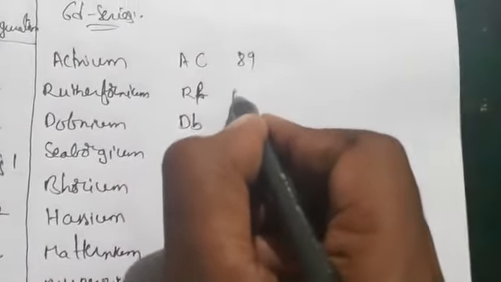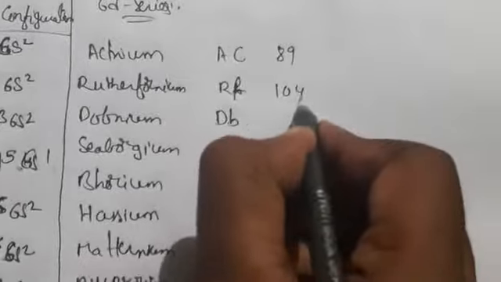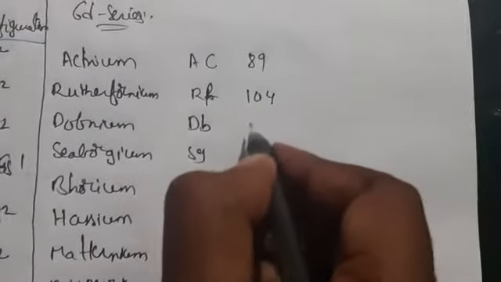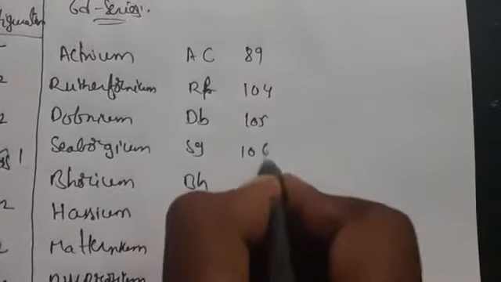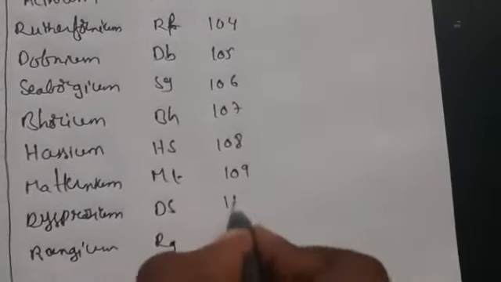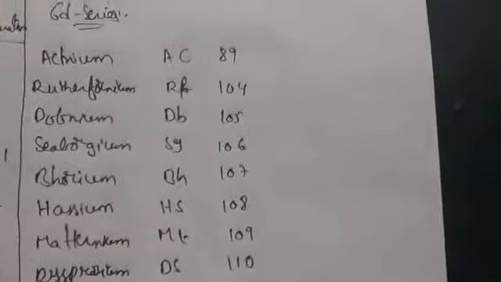Coming to the atomic numbers, it is having 89, then 104, 105, 106, 107, 108, 109, 110, 111.